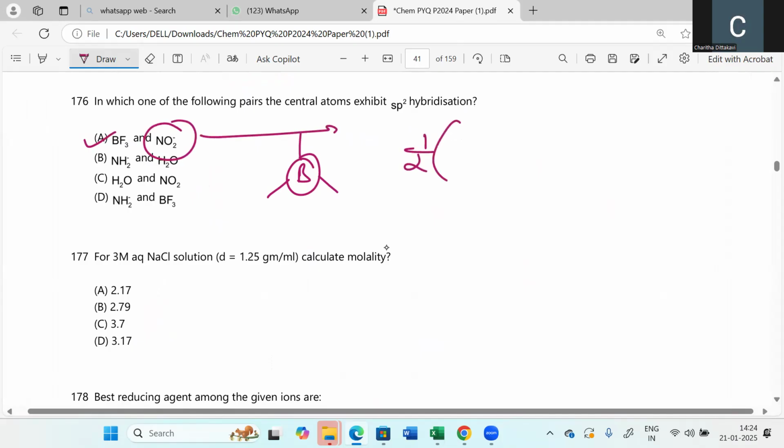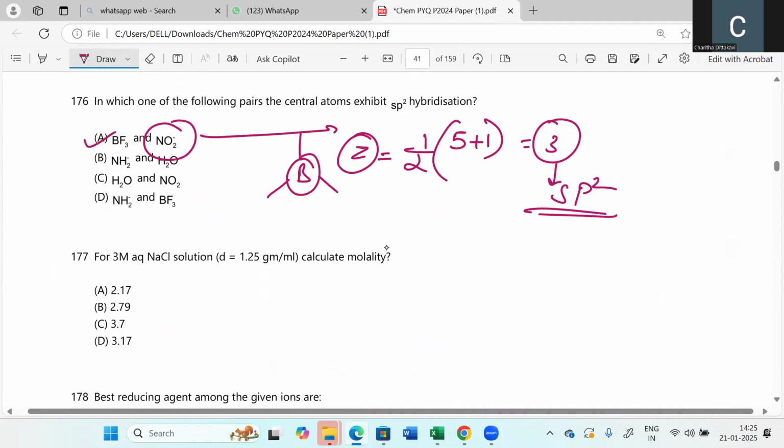Half of the number of valence electrons on the central atom, nitrogen is at number 7, 2,5, so 5, plus 1 for the charge electron, so 5 plus 1 is 6, 6 by 2 means 3, 3 means sp2 hybridized, option A. Half of the number of valence electrons on the central atom plus negative charge minus positive charge. That is how you get the value of Z, which is the hybridization value.